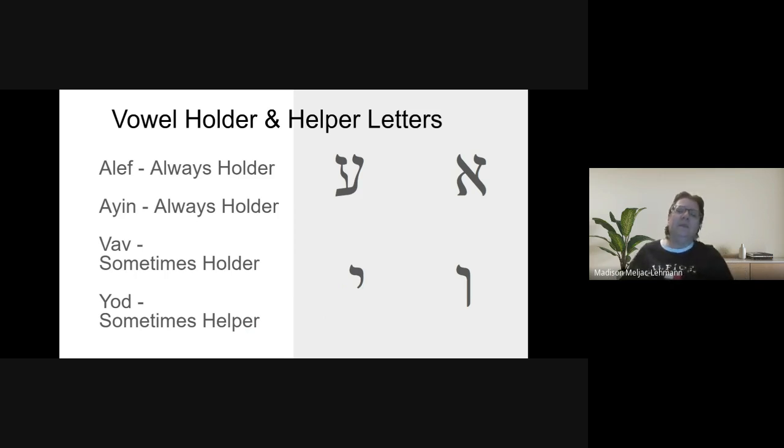And you can think about it as AI, but not the AI robot AI, just the AI sound together. But sometimes it can be just a Y sound, the yod sound, and sometimes it's a helper. So these are the vowel holders and the vowel helpers.